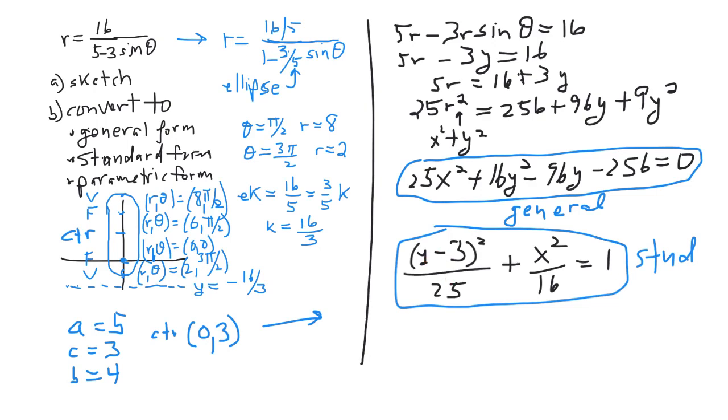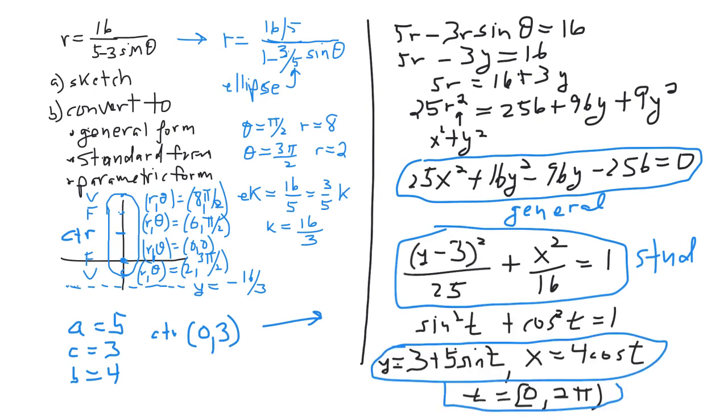The only difference it would make is when the graph is sketched, it might start sketching on the x-axis. It might start sketching on the y-axis, depending on whether you used sine or cosine here or here. We're not really concerned about where it starts and ends. We just want to make a parametric form equation.